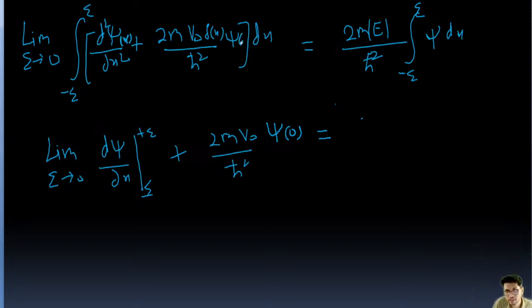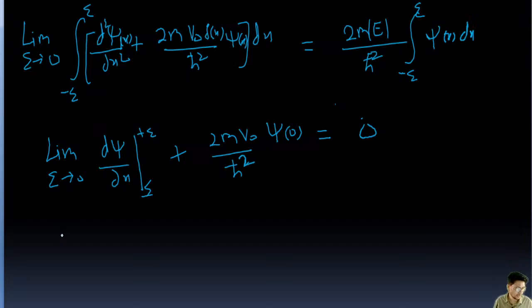And the right hand side integral is going to be 0, because the psi value from minus epsilon to plus epsilon gives 0, since psi we know is root k e to the power minus k mod x.